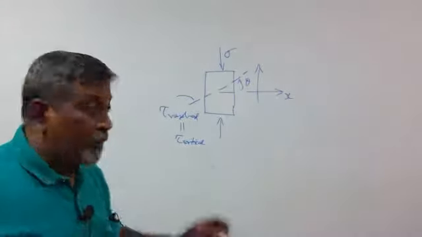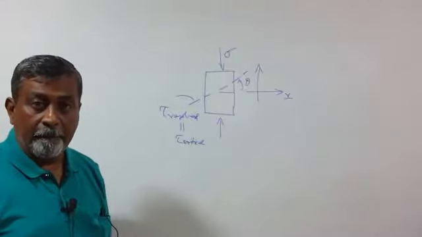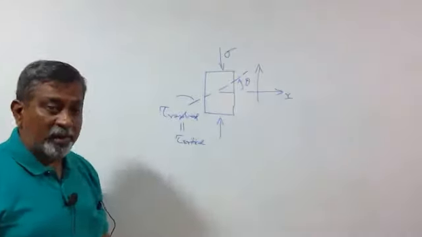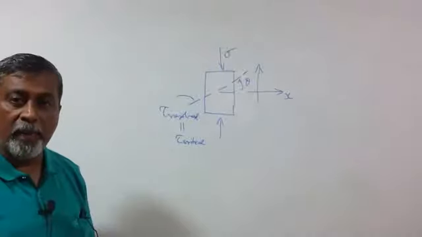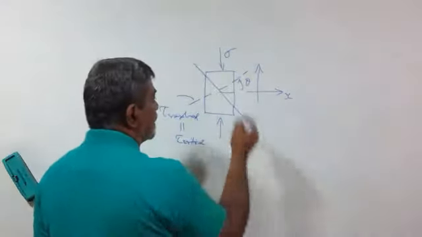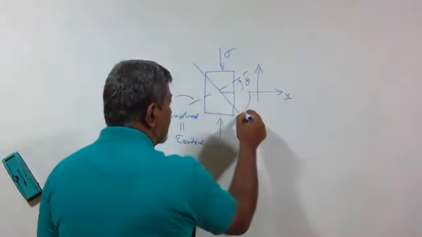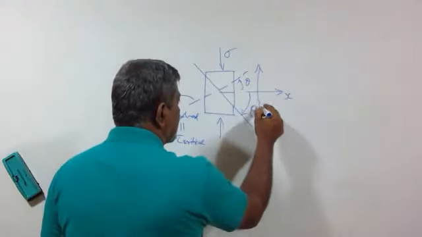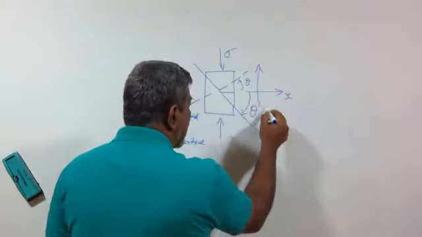But let us say, apart from this weak plane, which has a limit of tau critical, there is one more plane, which is, let's say, something like this, at an angle theta prime greater than theta, just for the sake of argument.